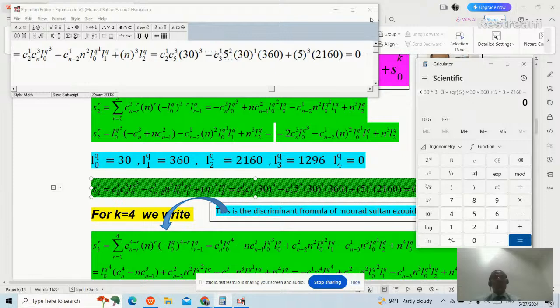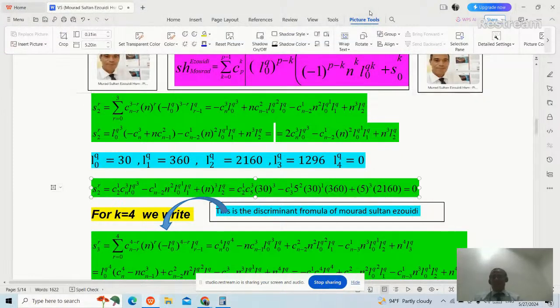So now, learners, try to prepare for yourself, or put on your desk, if you are working now with your mathematics teacher, this new method applying the discriminant formula of Mourad Sultan Ezouidi, a hot cup of milk and biscuits to eat and to drink, because this method is very, very interesting.